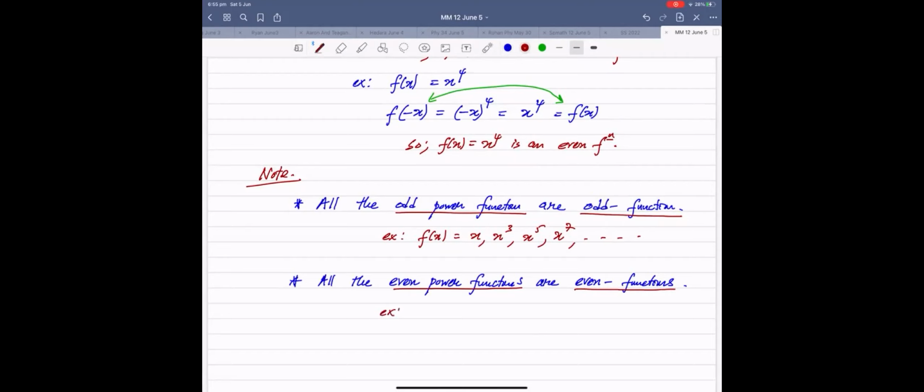Example, okay. So that's the full knowledge of odd even functions.